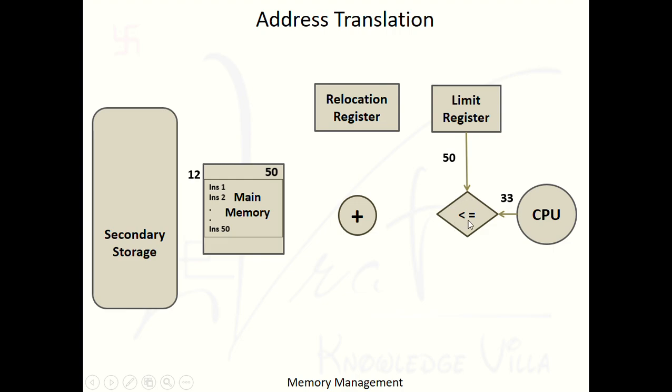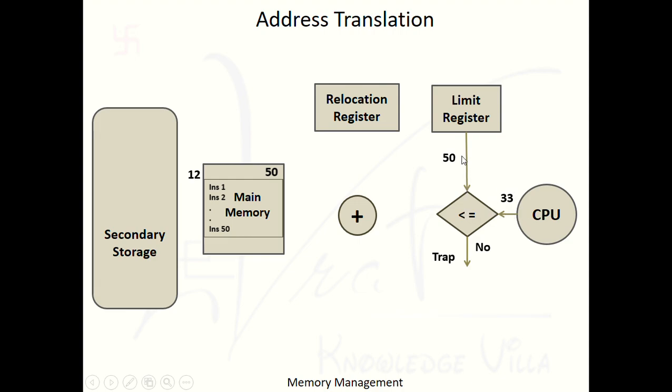When the request arrives, it will check with the limit register: is 33 less than or equal to 50? Yes, obviously, so it will not trap. If the request was 53 in place of 33, is 53 less than or equal to 50? No, so it will trap. But right now the request is 33, so 33 is less than or equal to 50.